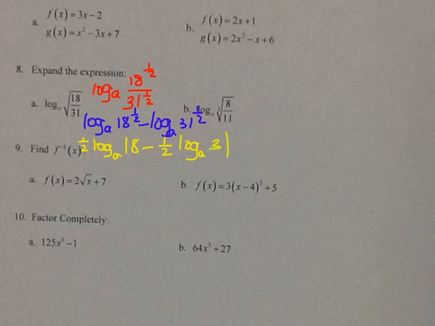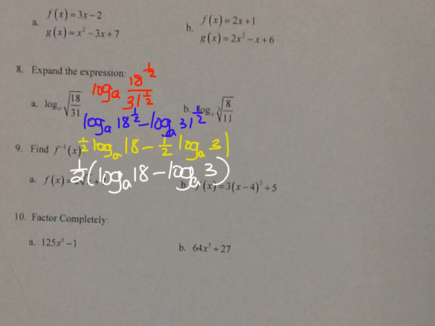Because both terms have a coefficient of 1/2, it can be written as 1/2 times log base A of 18 minus log base A of 31. Okay, so let's take a look at B.